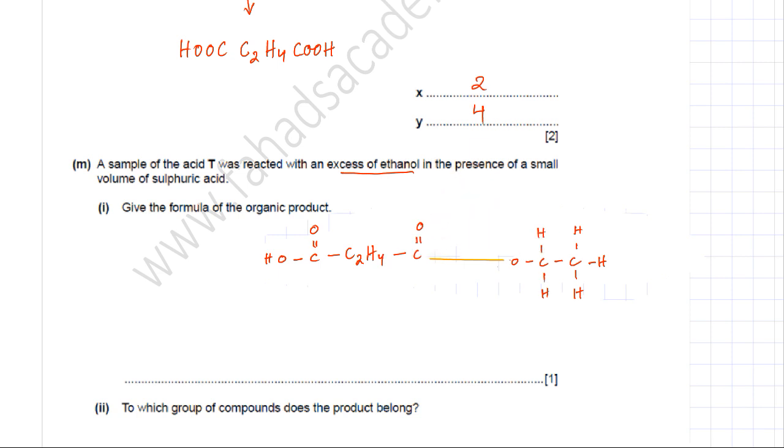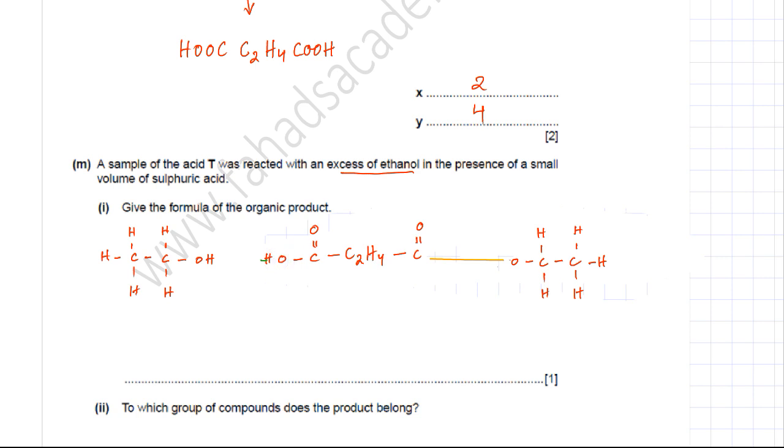But since this carboxylic acid had a carboxylic functional group on the other side as well, there's going to be a reaction on the other side as well. There's going to be another ethanol molecule coming from the other side, and it's also going to bond with the carboxylic acid functional group on the left hand side of this molecule. And again, the same thing would happen.